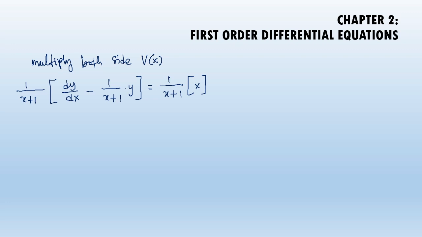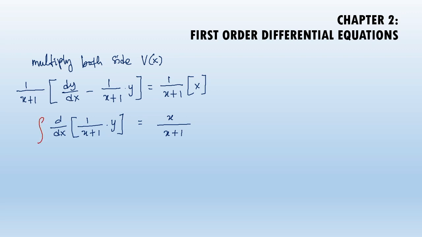So on the left hand side, we turn into the derivative of a product, integrating factor times y. So we simplify the right hand side as x over x plus 1.